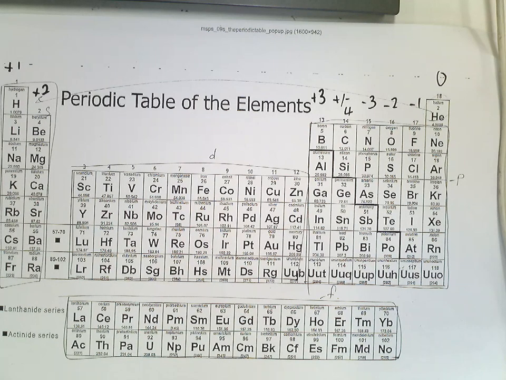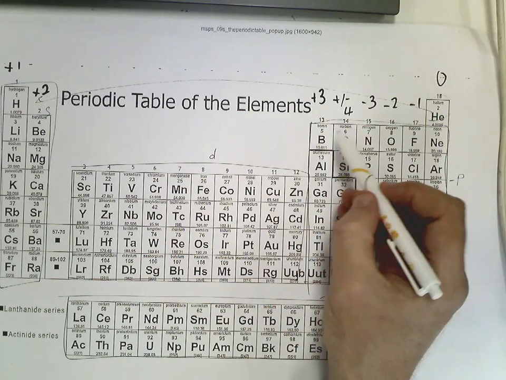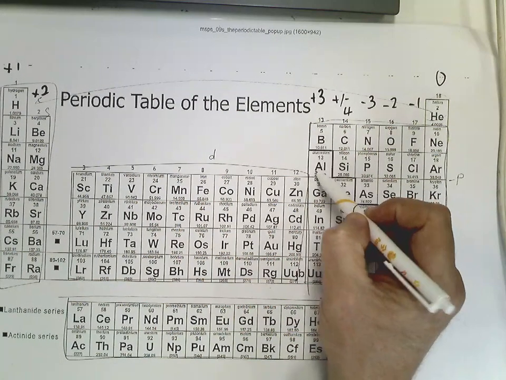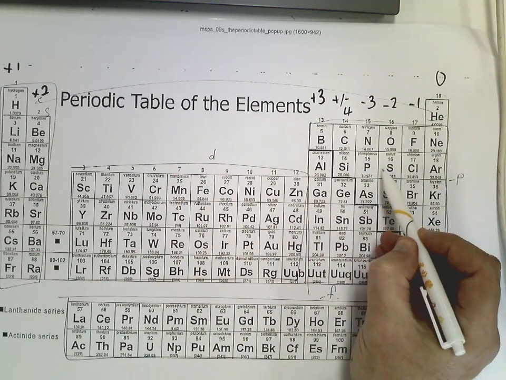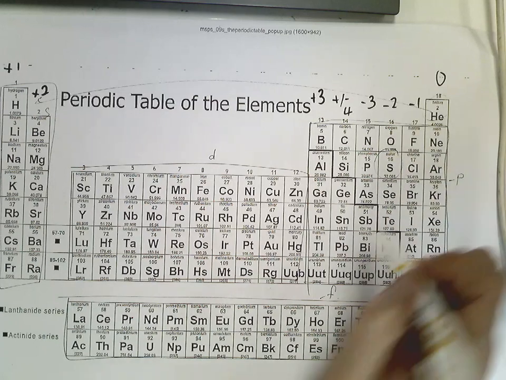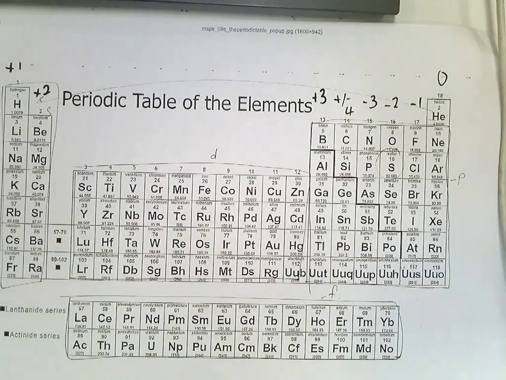So where is 3p4? That's S. Here is 2p, 3p, 1, 2, 3, 4. So the element we're looking for is sulfur. And we just write that in.